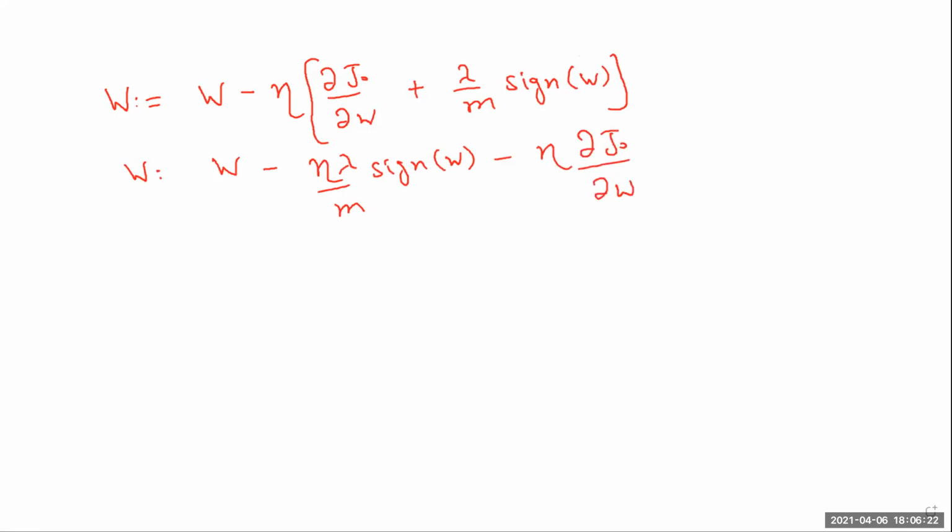Now you see what is actually happening here. This is the original term of gradient descent, and this is the new term.